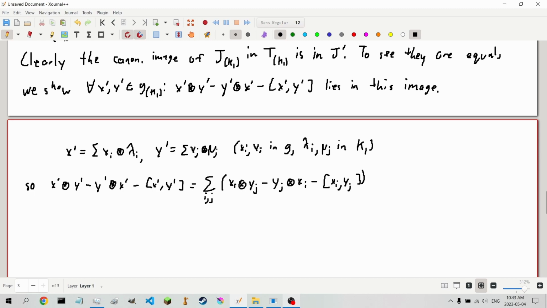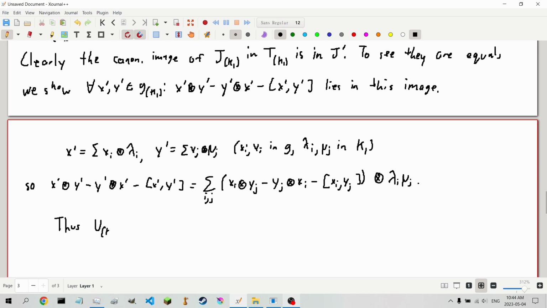And then we of course are going to get our leftover elements of lambda i and mu j, their product.